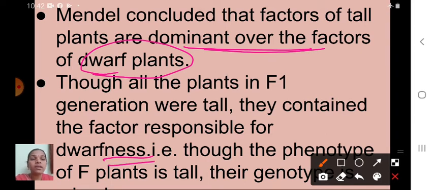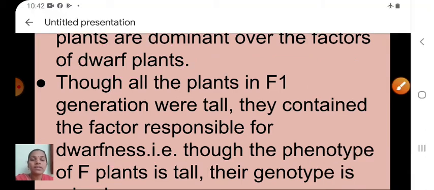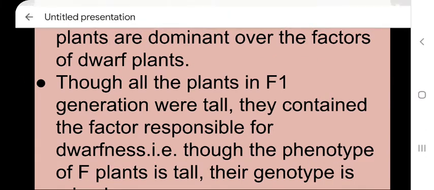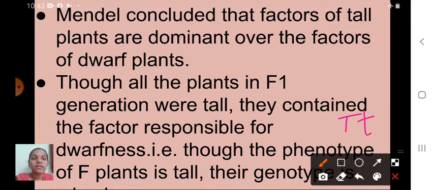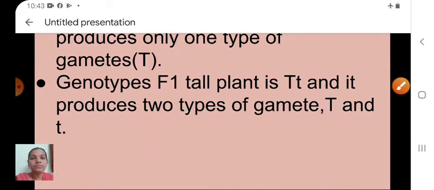Why? Because capital letter T, small letter t. This is the genotype of the F1 generation, but the character that appears is tall. So that is the dominant character. That means though the phenotype of the F1 plant is tall, their genotype is what? Yes, capital letter T, small letter t. Understood children? Yes. Shall we go to next one now?